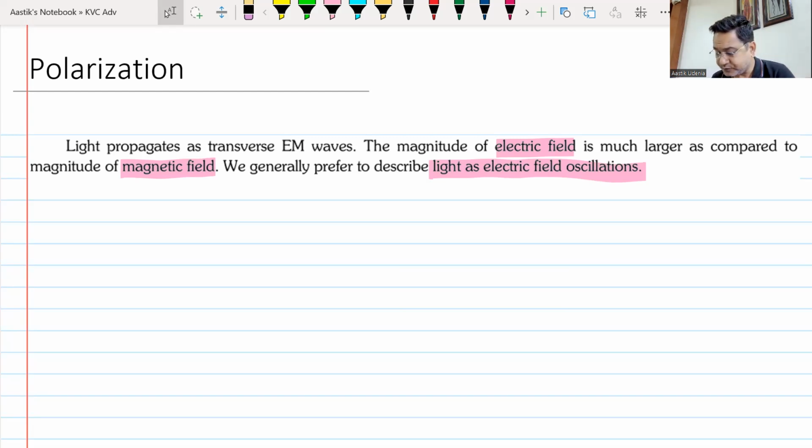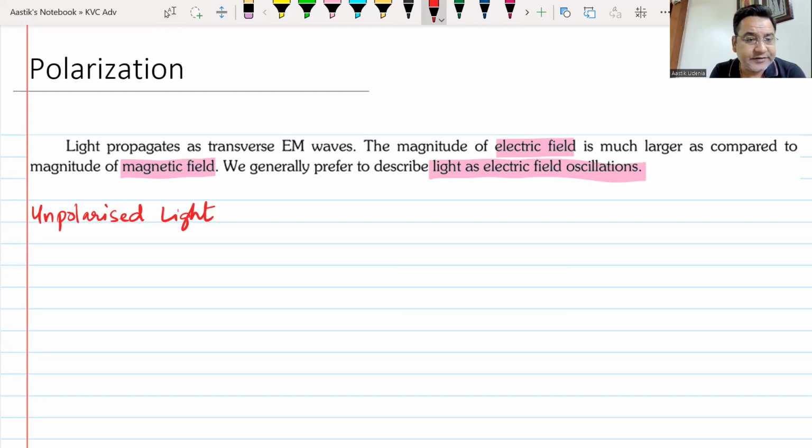Now, there are two terms that you must understand here. The first term is unpolarized light. What do you mean by unpolarized light? Now, you must know the electric field, the magnetic field and the direction of propagation of these waves.